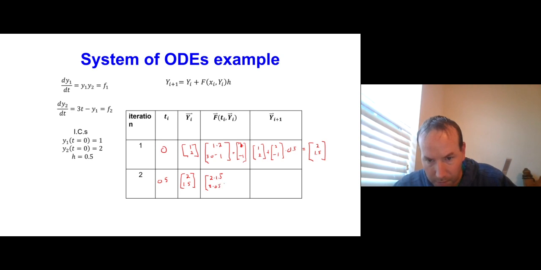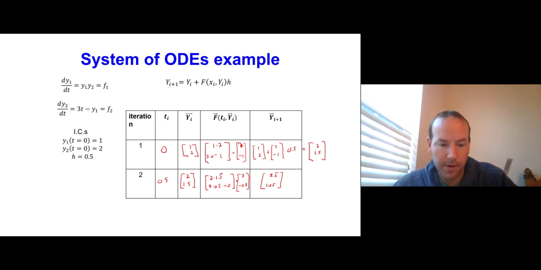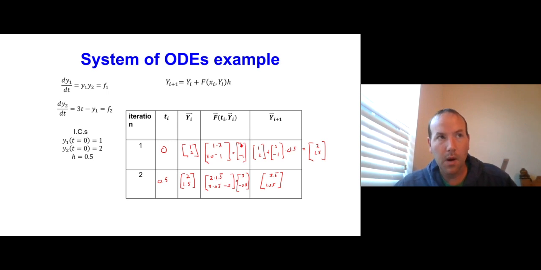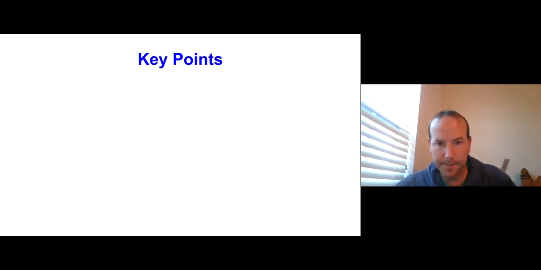And we've got 3 times 0.5 minus 2 from the second differential equation, 3 minus 0.5. And if you put those together, you get 3.5 and 1.25. Alright, so that just shows you how you can pretty logically walk through these differential equations over time.